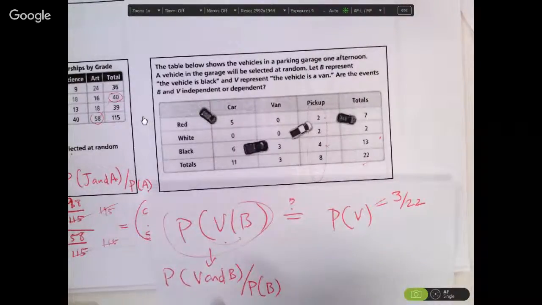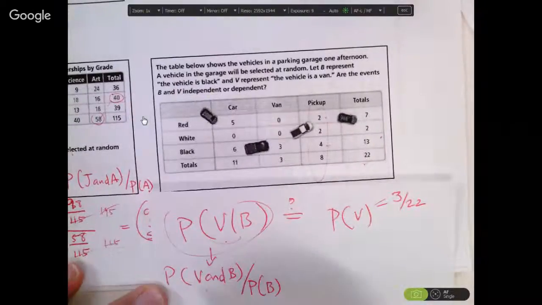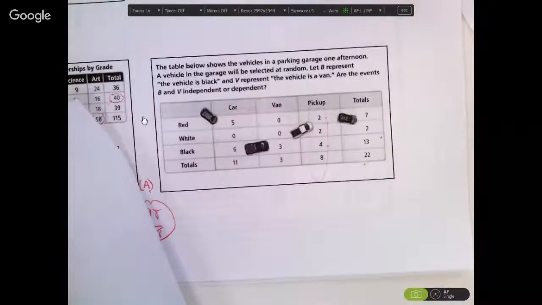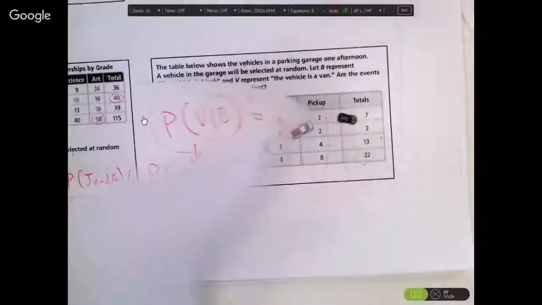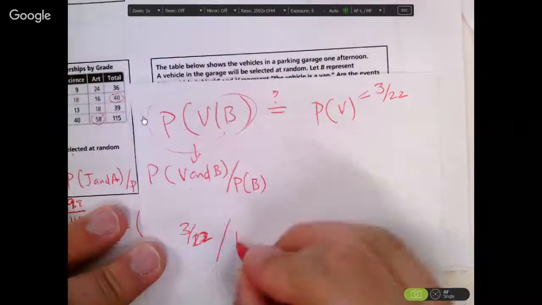Okay, so the van and black is what? 3 out of 22. Okay, then probability of black is 13 out of 22. No, there's a lot more black.